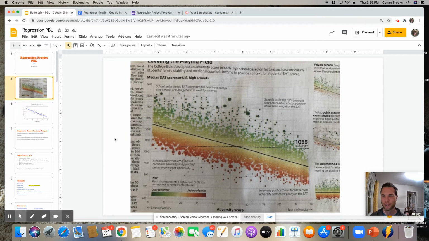So you can see here, this is examining the median SAT scores of US high schools and something called an adversity score, which is measuring how much difficult circumstance a kid has.